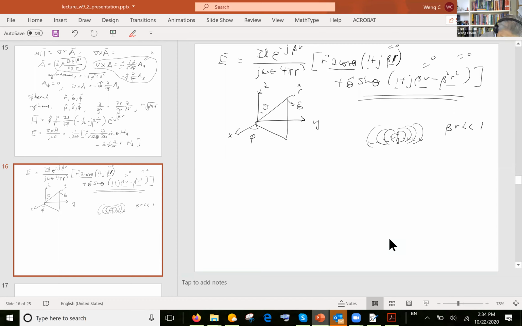So you can go to the near field case, beta r much, much less than 1, which means that you're very close to the source. Then you could go to the far field case, beta r much, much greater than 1, where the observation point is very far away.